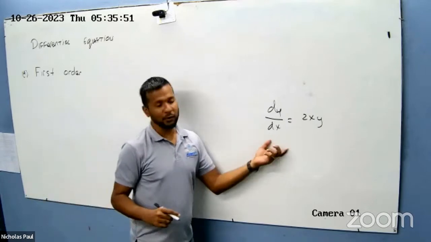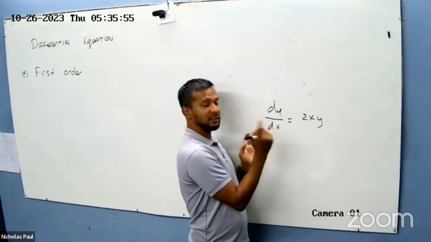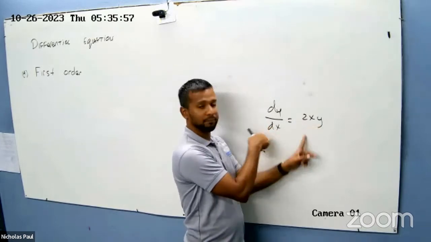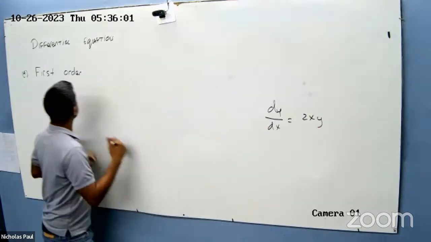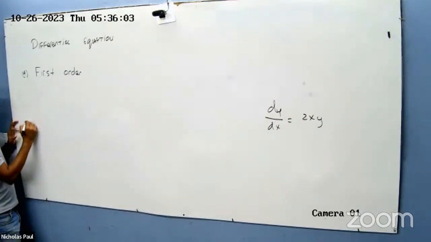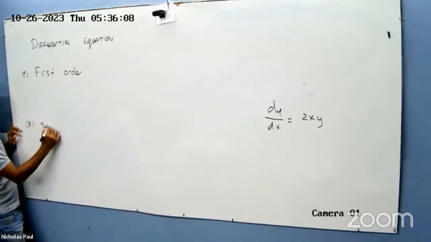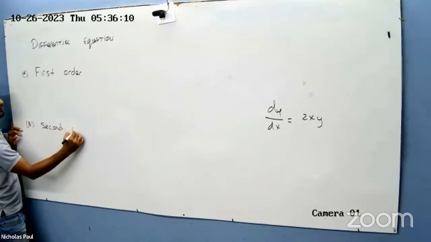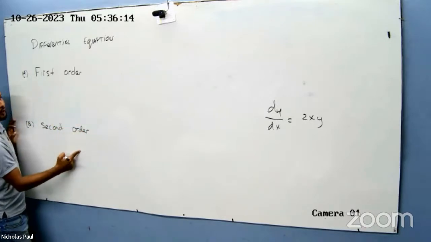So in unit 1, we looked at solving first order, and one of the techniques that we did was separating the variables. So we have first order, and you may have done simple second order.